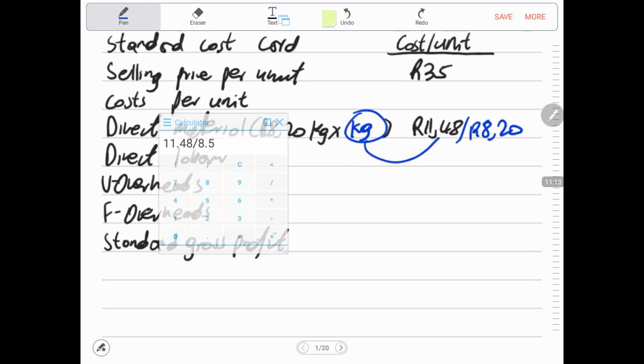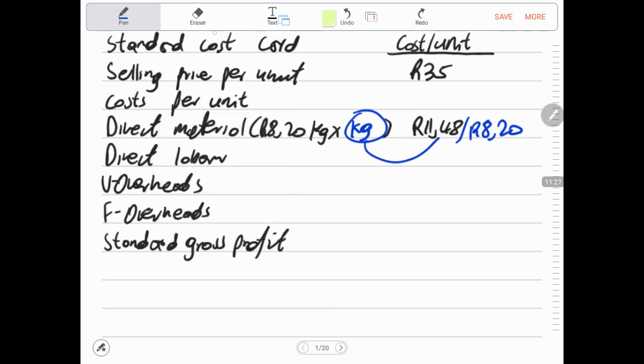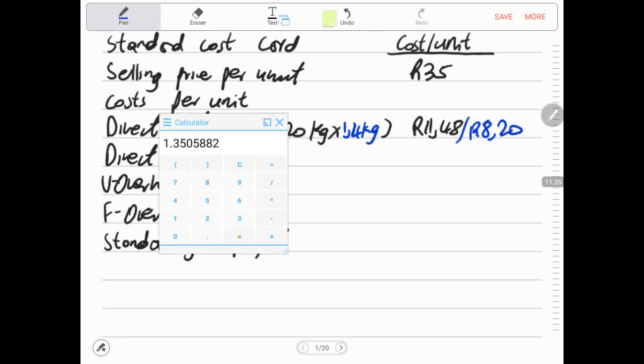So whatever we get will be the number of required kgs to complete 1 unit. Then that will be 1.4 kgs that are required to complete 1 unit.